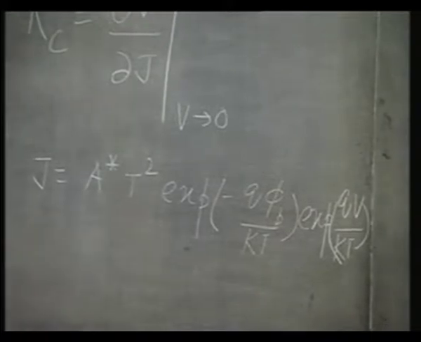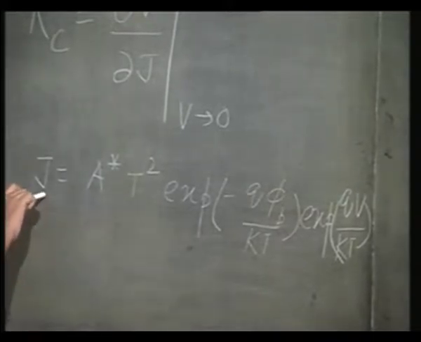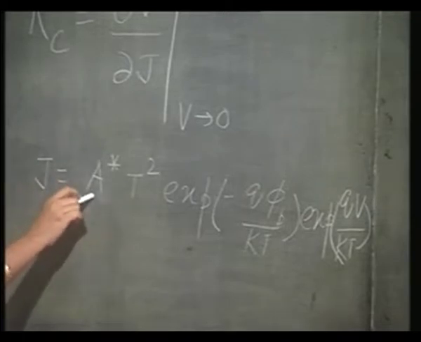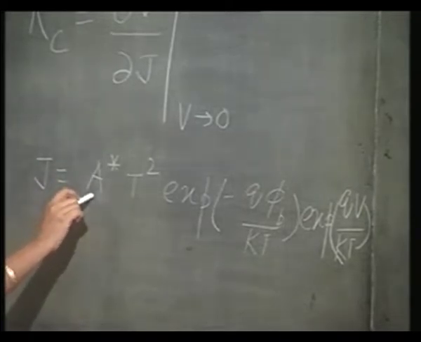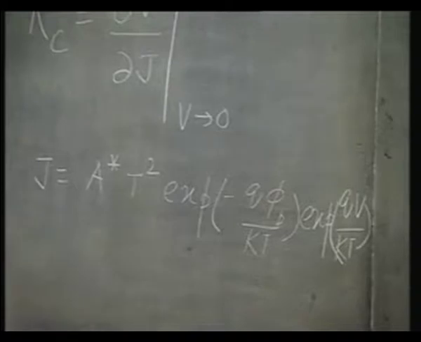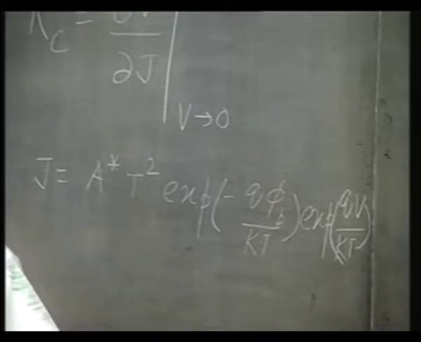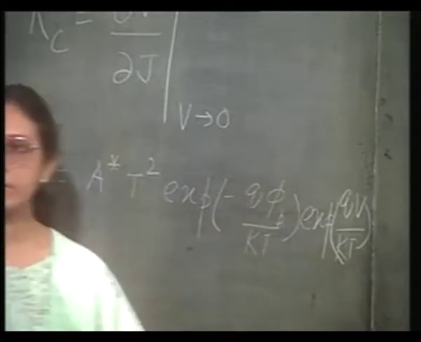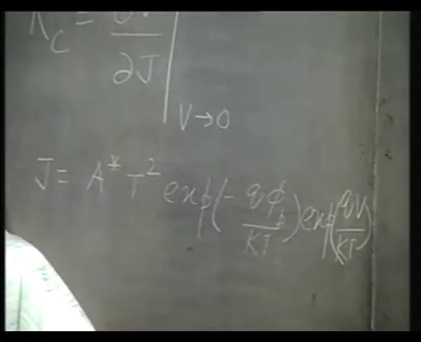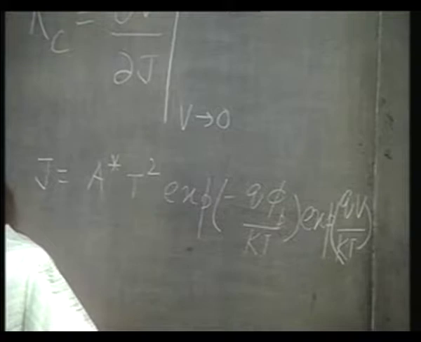What does it mean? J, that is the current density, is given by A star, that is Richardson's constant, it is a constant, T is the temperature, exponential minus q phi b by kT, that means the bigger the barrier, the smaller is the current obviously, and exponential qV by kT, that is the more the applied voltage, the bigger is the current obviously.